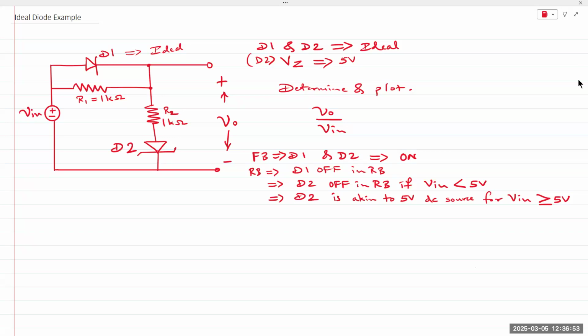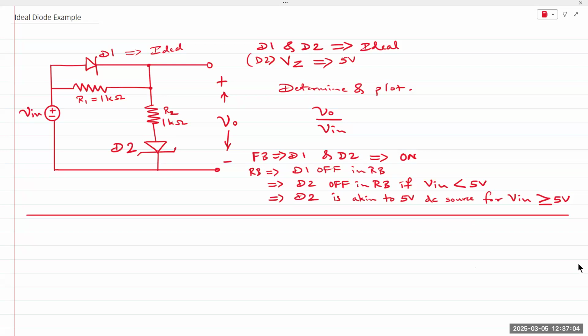Okay. All right, so let's take a look. Ideal diode analysis, and then positive half cycle. The circuit should look like this.